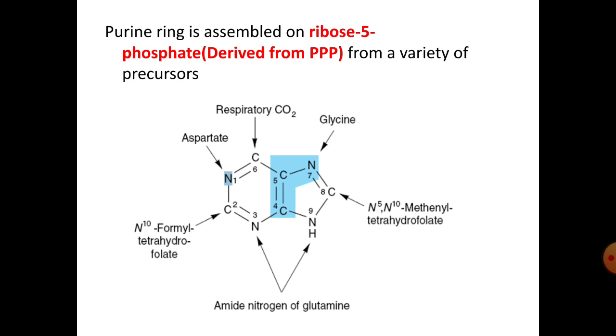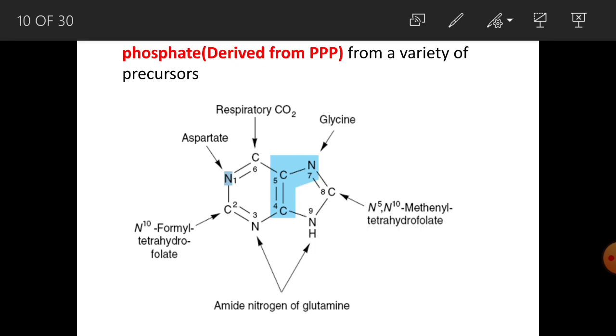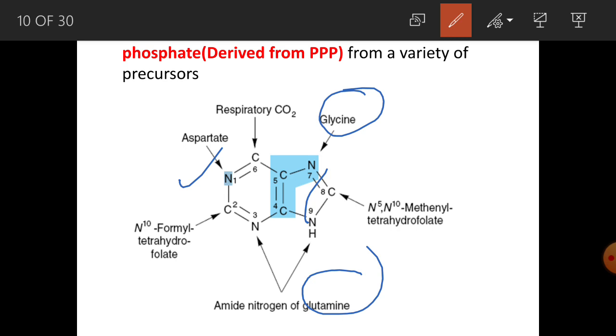Different products donate the carbon and nitrogen atoms: N1 is obtained from aspartate, C4, C5 and N7 are obtained from glycine, and from glutamine amide nitrogen, the 2 nitrogen atoms N3 and N9 are obtained.